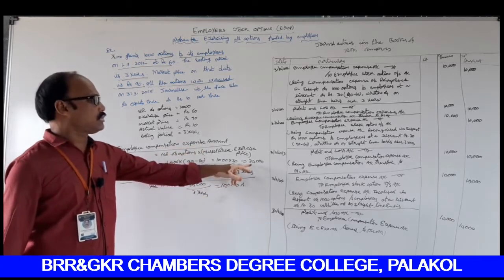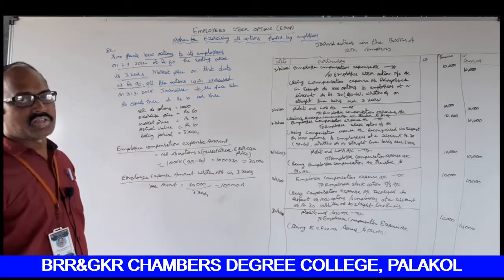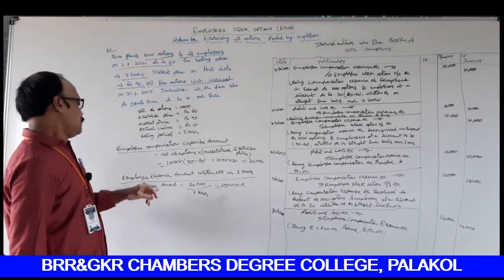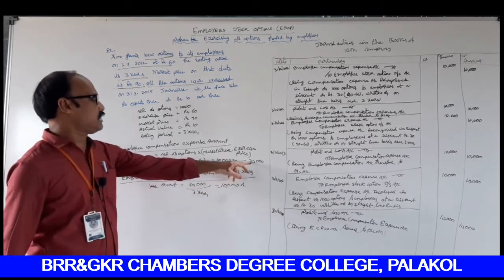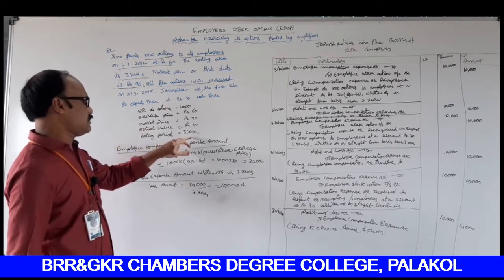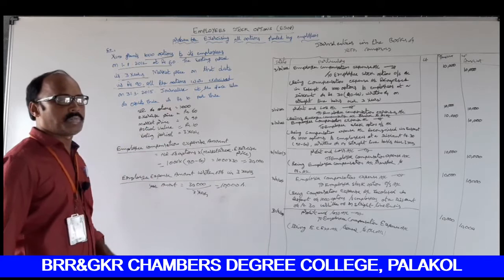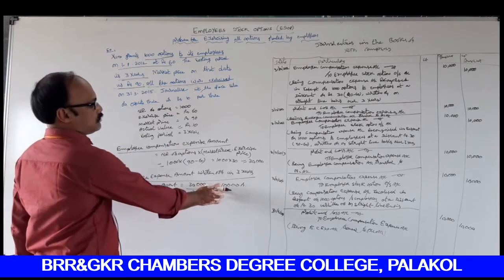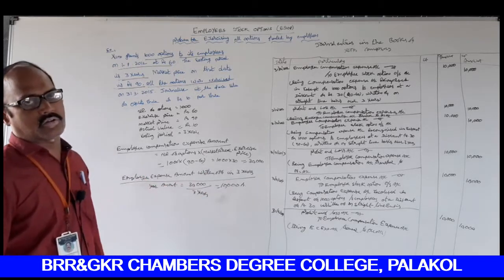This 30,000 rupees must be written off on the basis of vesting period in straight line method. So the amount written off yearly is 30,000 divided by 3 years, equal to rupees 10,000, which yearly transfers to profit and loss account.